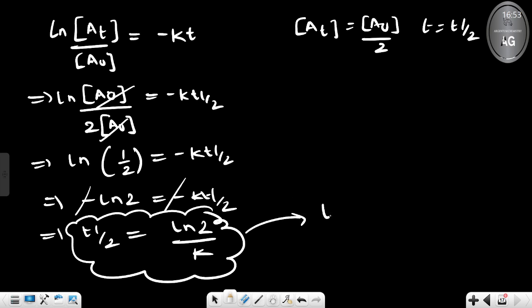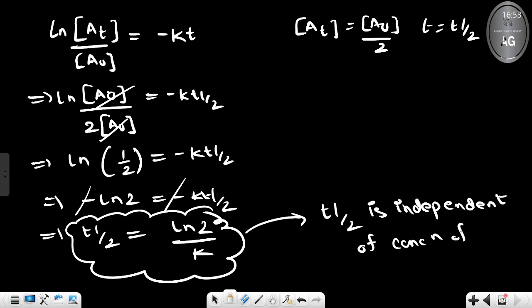What can I infer? T half is independent of the initial concentration of reactant. Clear? Very, very important.